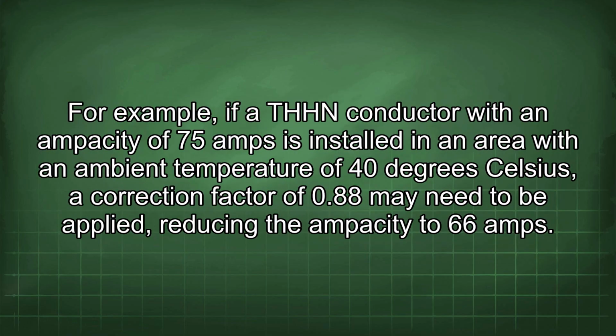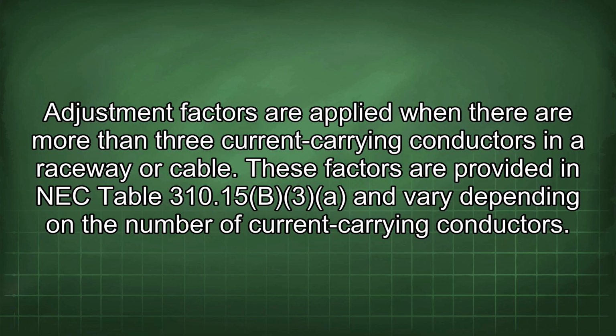For example, if a THHN conductor with an ampacity of 75 amps is installed in an area with an ambient temperature of 40 degrees Celsius, a correction factor of 0.88 may need to be applied, reducing the ampacity to 66 amps. Adjustment factors are applied when there are more than 3 current-carrying conductors in a raceway or cable.